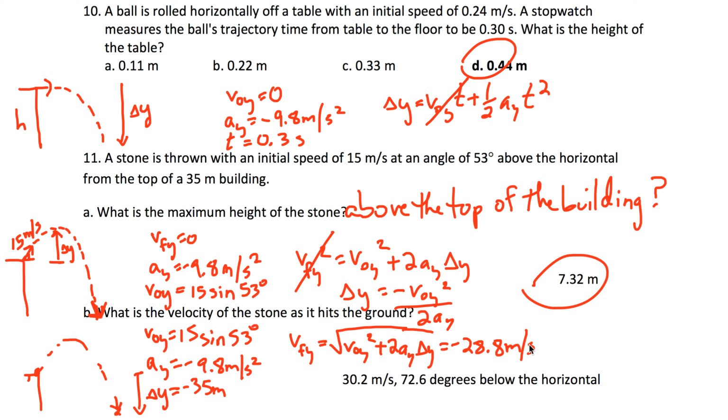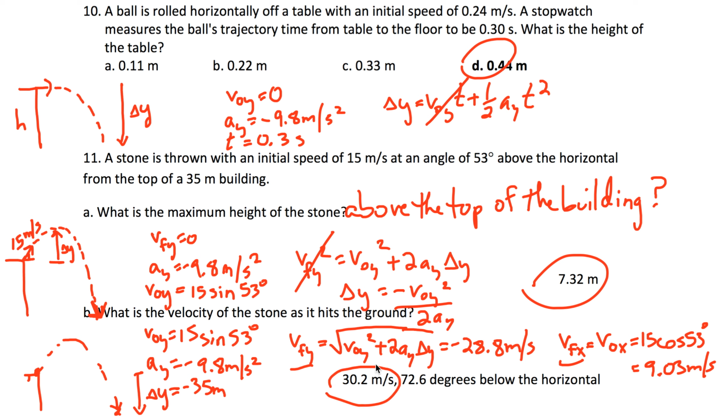And then I need the x component of that final velocity. So the x component of the final velocity is the same as the initial component, because the velocity in the x direction never changes. So it's going to be 15 cosine of 53 degrees, which is about 9.03. So now that we have the final x and the final y, we can use the Pythagorean theorem to put them together, and you'll get 30.2.